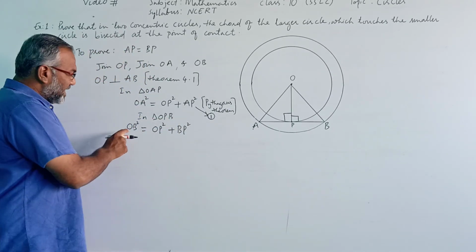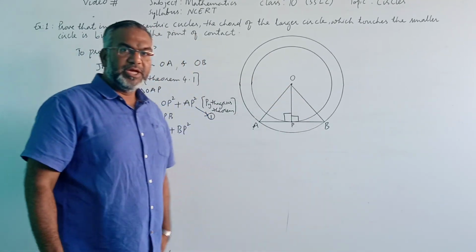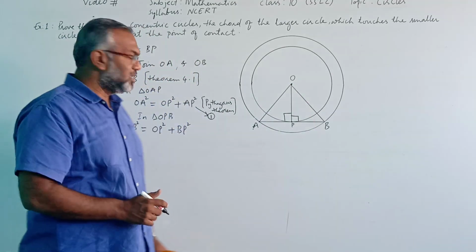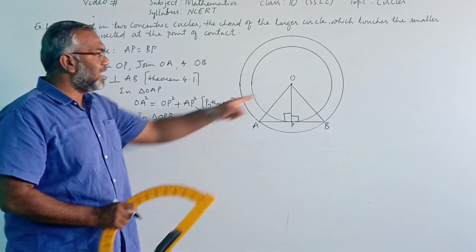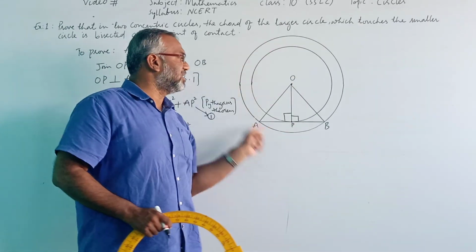Next, can I say OA is equal to OB? Yes, because OA and OB are radii of the same circle.